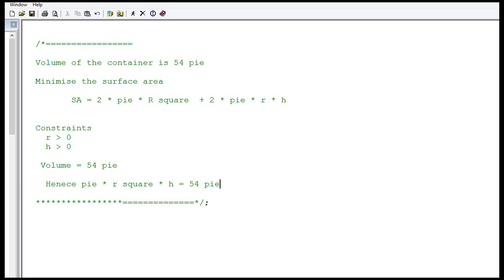Essentially what we're looking out for is that the container is a cylinder. So what should be the radius of the cylinder and the height of the cylinder, so that for a given volume the surface area is minimized.